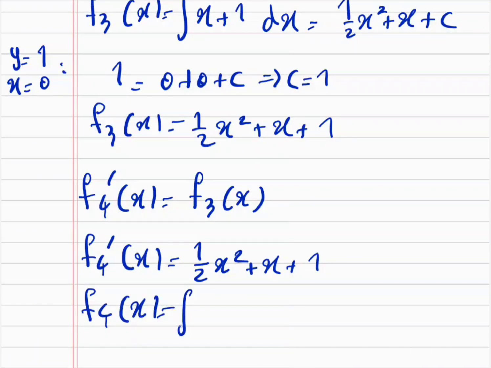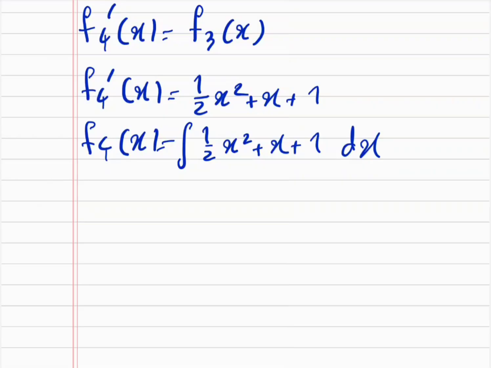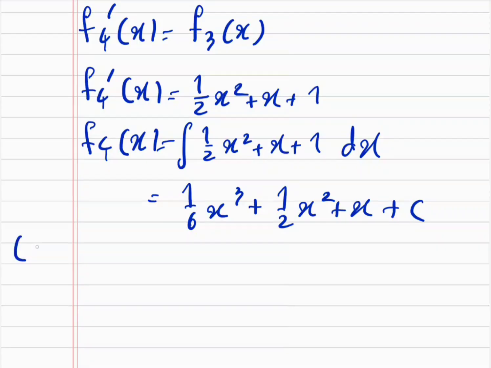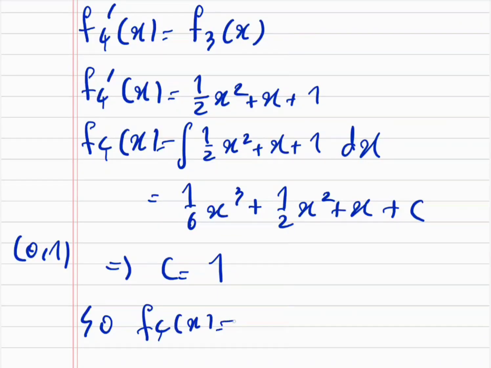So we have the integral of half x squared plus x plus 1 dx, and we get 1 over 6 x cubed plus a half x squared plus x plus c. And again, when we substitute the point (0, 1), the y-intercept is just equal to 1. So f4(x) is equal to 1/6 x cubed plus half x squared plus x plus 1.